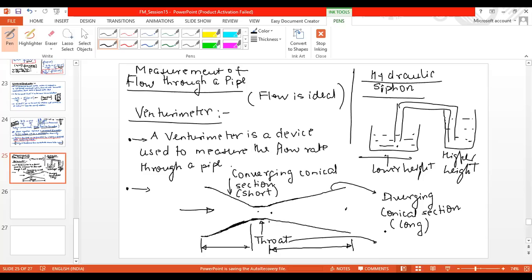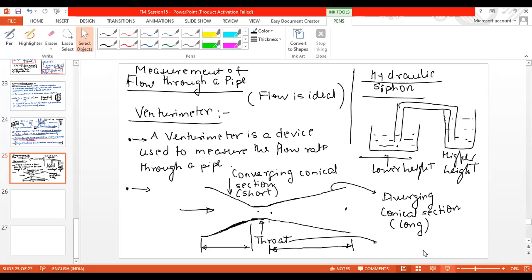My purpose in discussing this was that there is a sudden change in energy. It can create a disruption in the flow pattern. So the flow will become too turbulent, or you can say unsteady.